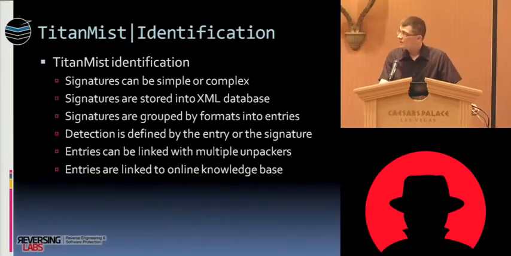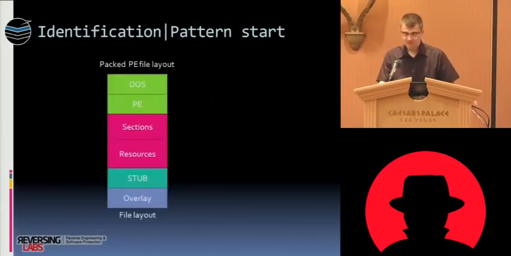The detection is either global by the entry, so you have one version for the entry, and you can have specific detection for the signature as well. The entries are linked to the unpackers, which are called once you tell TitanMist to unpack the file you're interested in, and they are both linked to the online knowledge base.